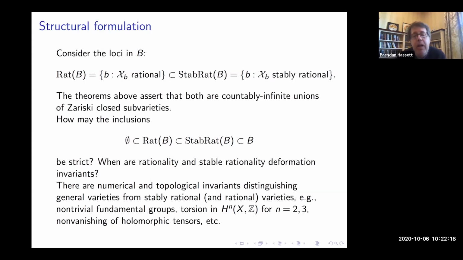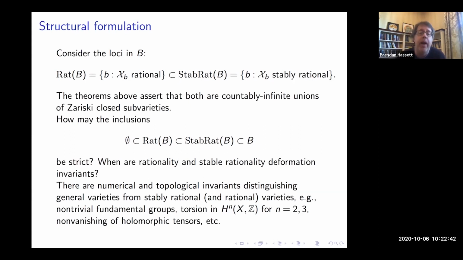Obviously, there are many numerical and topological invariants that distinguish general varieties from rational and stably rational varieties. A stably rational variety has trivial fundamental group. You have non-vanishing; so if it's stably rational, holomorphic tensors will vanish. You don't have torsion in certain degrees.